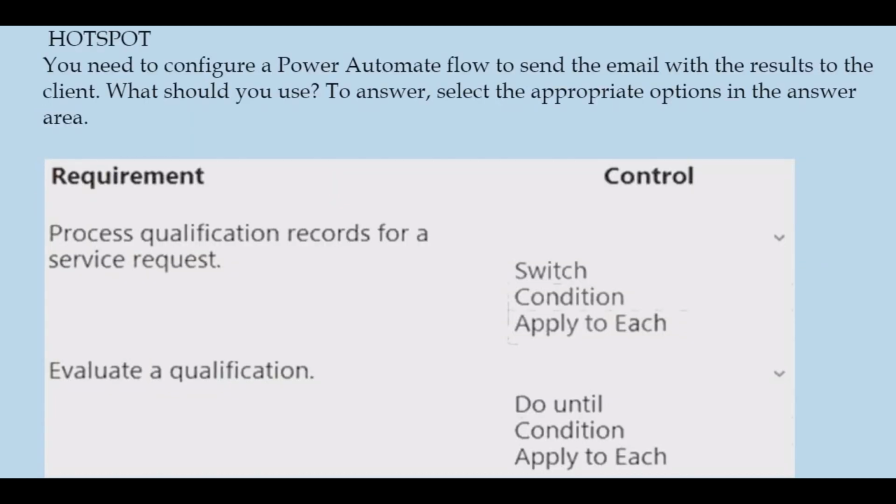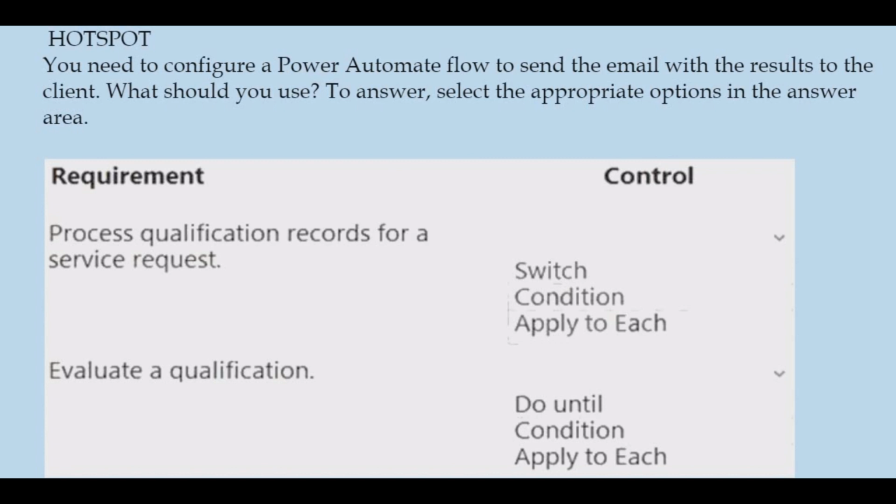Next one. You need to configure the Power Automate flow to send the email with the result to the client. What should you use? Select the appropriate option in the answer area. The requirement is process qualification records for a service request. Options are switch, condition, or apply to each. Next is to evaluate a qualification.